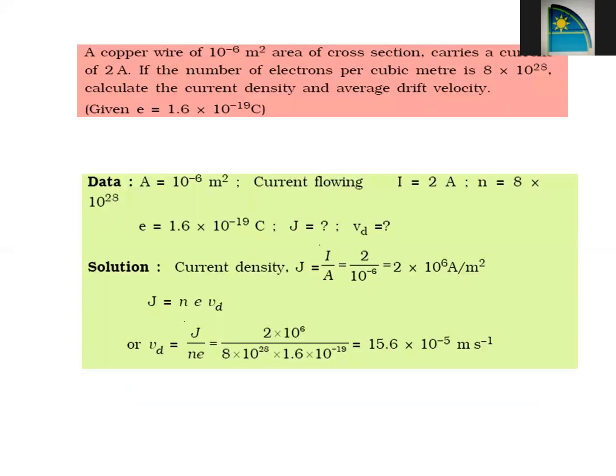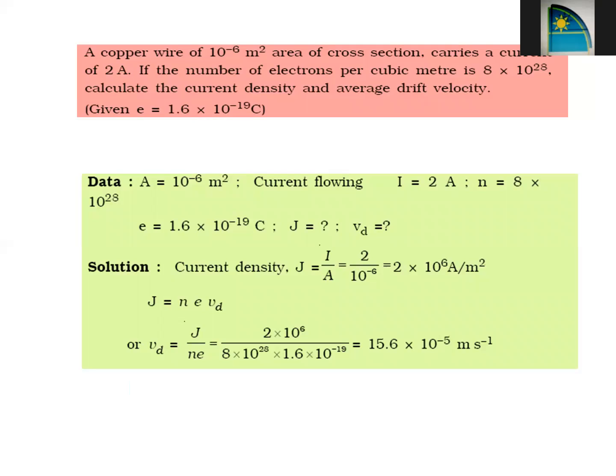Okay, so let us see some simple numerical problems based upon this current density formula. So we are given one copper wire whose area is given to us, and we know the value of the current. We know the number of electrons flowing through that given area. We just have to find out the value of current density and average drift velocity.